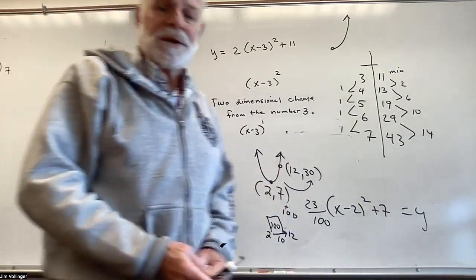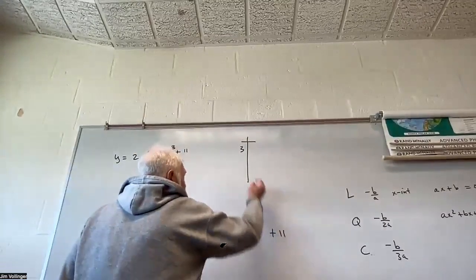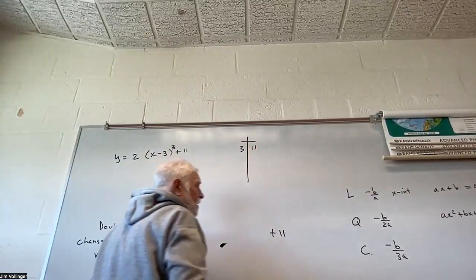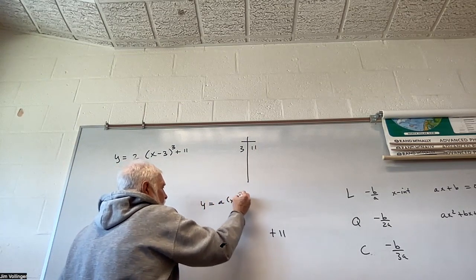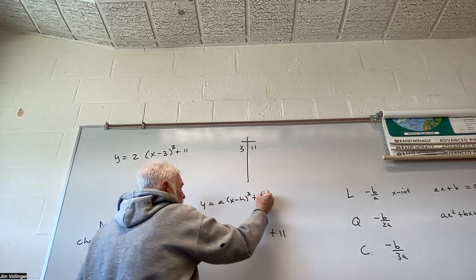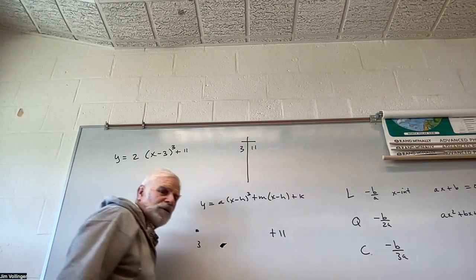So let's look at the cubic. And we'll be studying cubics after midterm. But what is cubic change? It's three-dimensional change. So let's say I wanted 3, 11. a times (x minus h) cubed plus m times (x minus h) plus k. That's the graphing form for cubics.